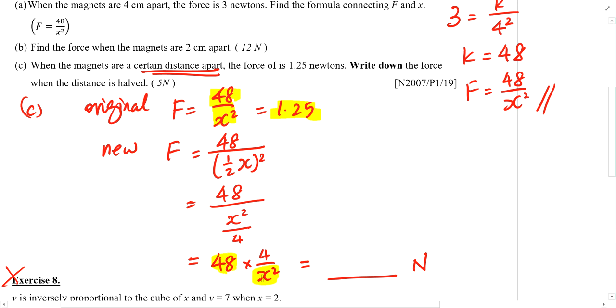How much is that supposed to give us? What is 48 divided by x squared? 1.25. So what do I need to do with 1.25? Times 4. Yes. So 4 times 1.25 will give us 5.